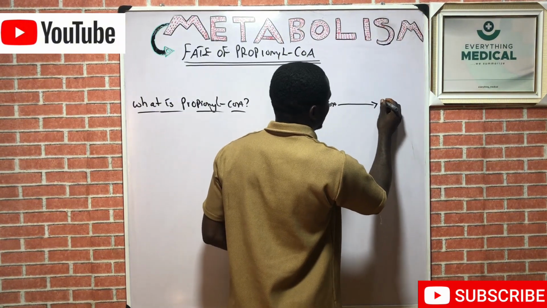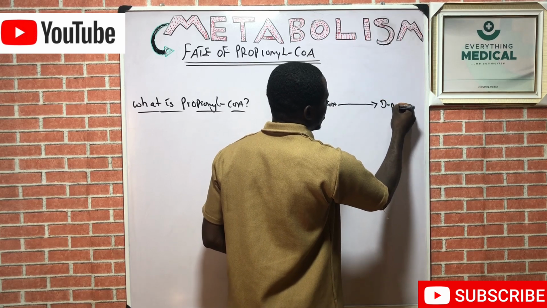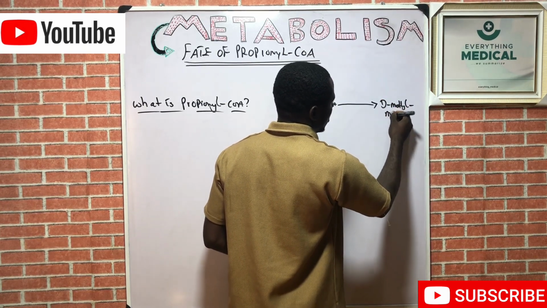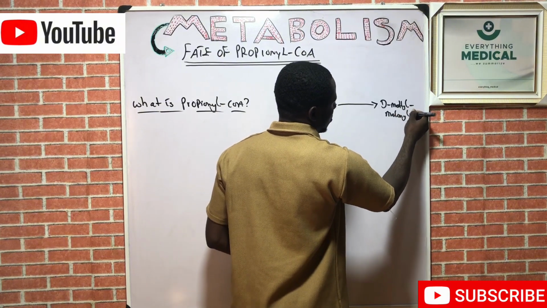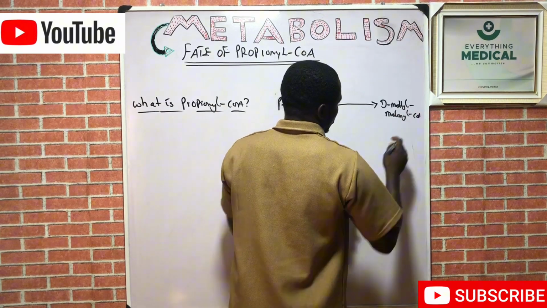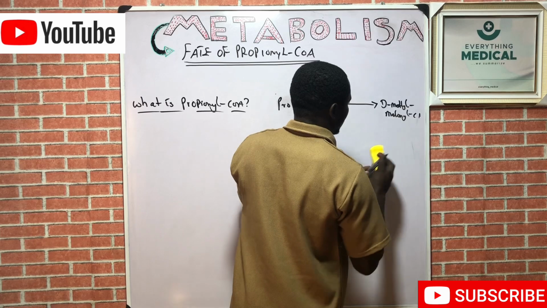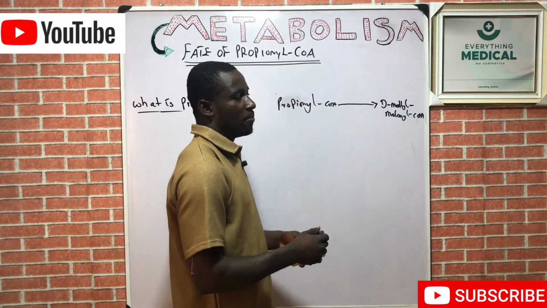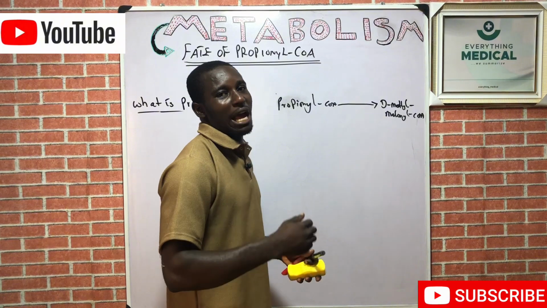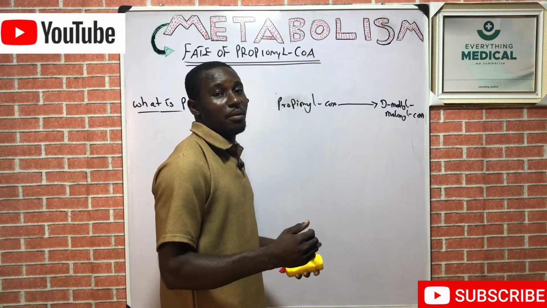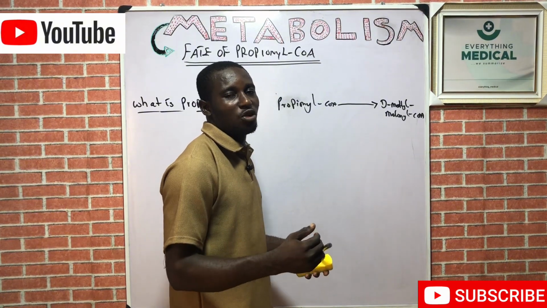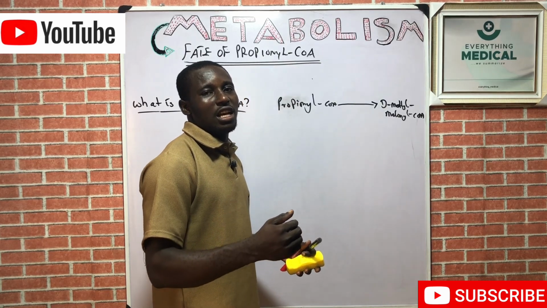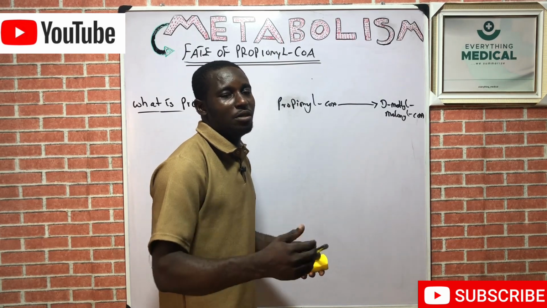So we have the D-methyl-malonyl-CoA, by the presence of a coenzyme known as the what? The biotin. Because biotin is the bioactive form of vitamin B7.